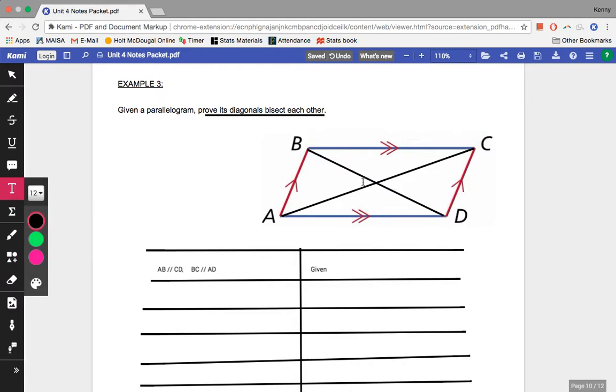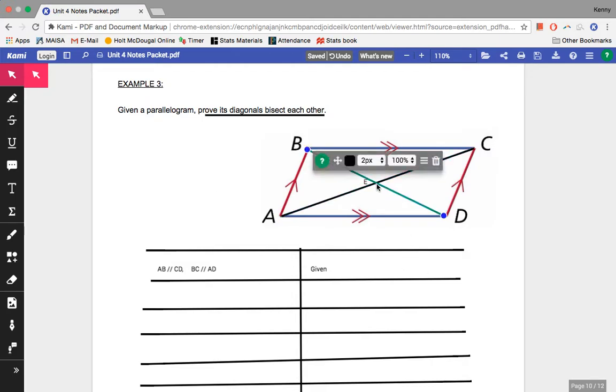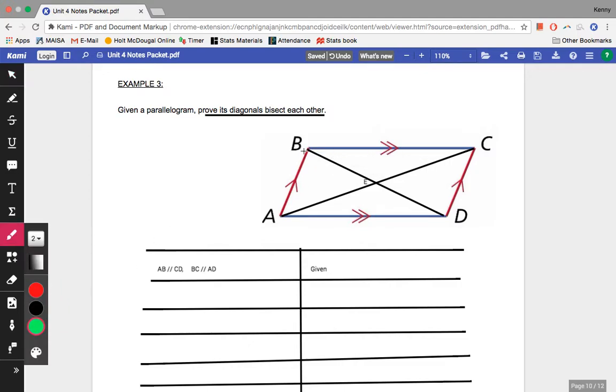Furthermore, where those lines cross, I want you to label as point E. Right here, this point where they cross, right where my cursor is, I want you to think about that as point E. Now our goal in this proof is to prove that the top triangle, right here, is congruent to this bottom triangle down here.